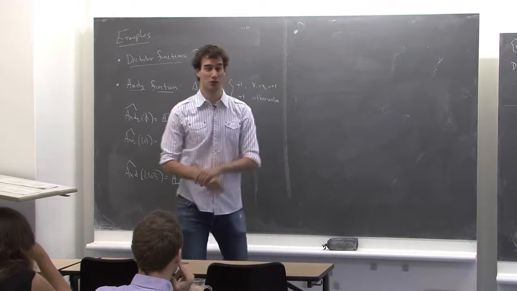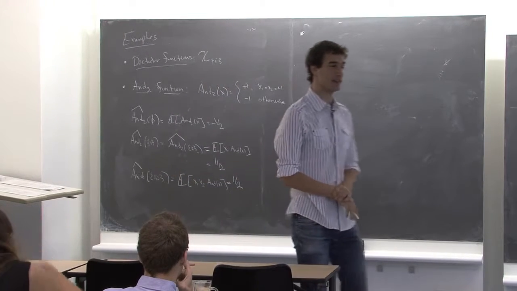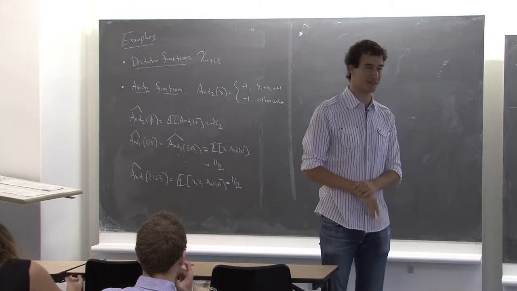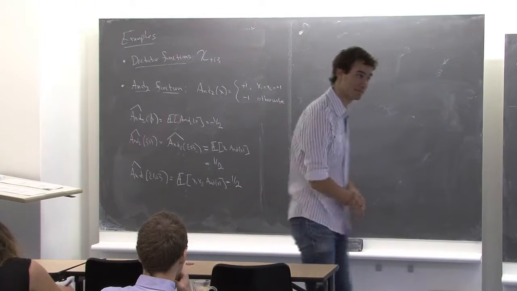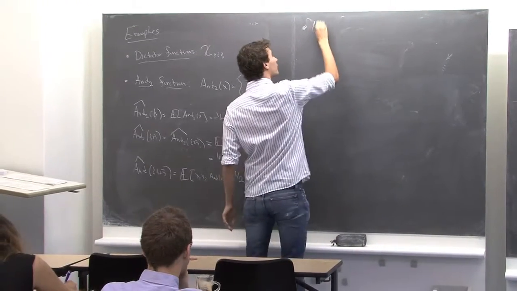Since we are talking about social choice and we do live in our society, it seems like an important thing to talk about the most obvious form of social choice, majority.